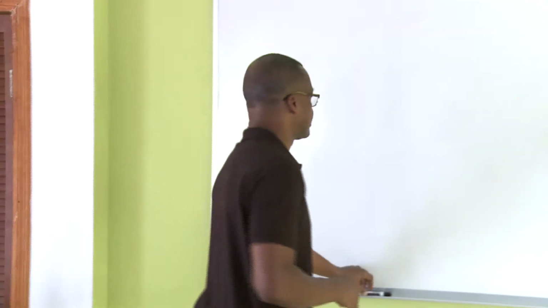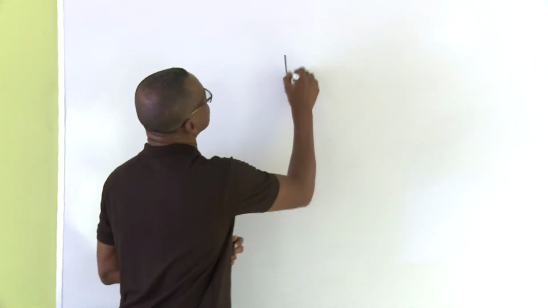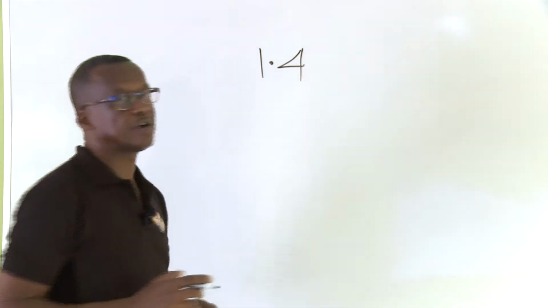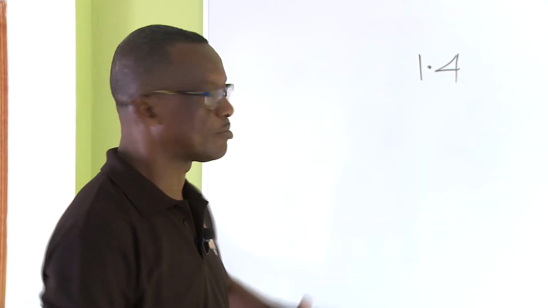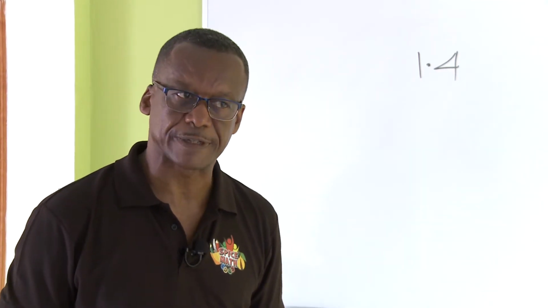So a number like 1.4, on the left-hand side, you will find the whole number, and on the right-hand side of the point, in this case, the number 4, would be the decimal.